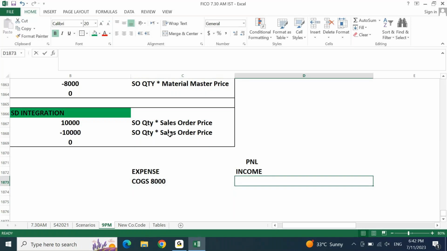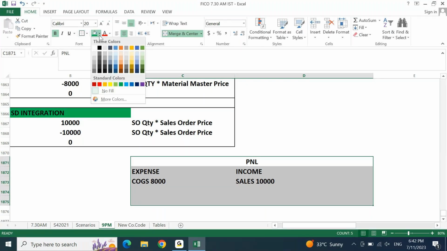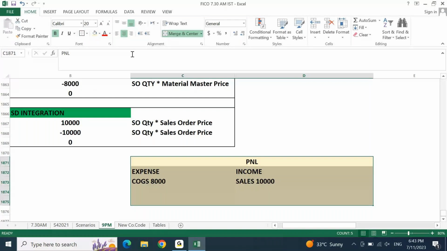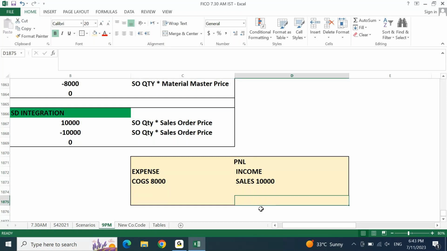On the income side let me take sales, which is 10,000. If I consider the total value, my total revenue or total sale is 10,000, because as per the accounting logic, you need to close the account with the higher number.